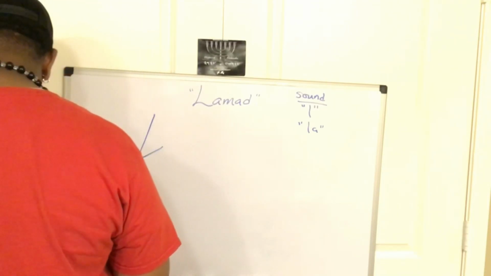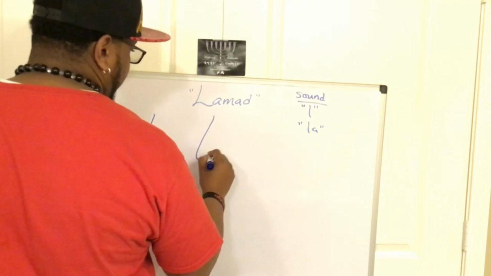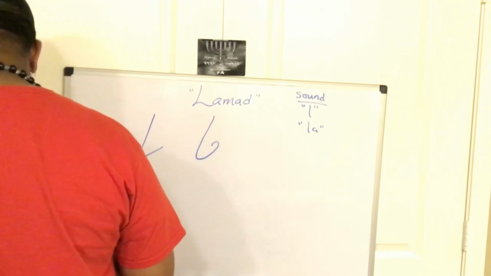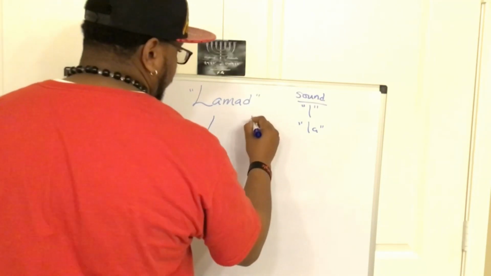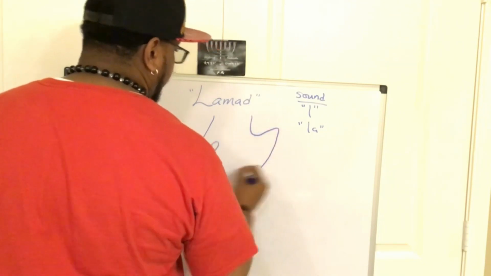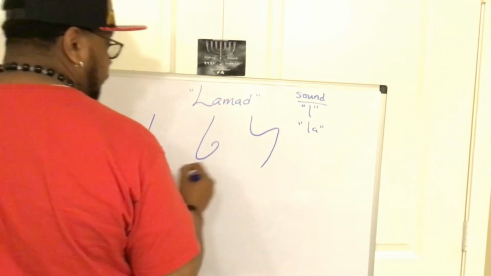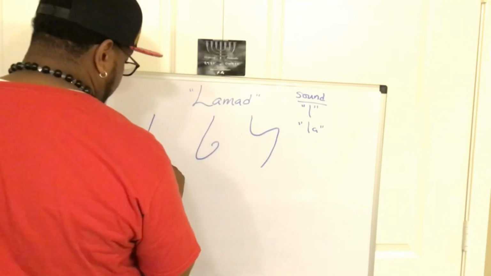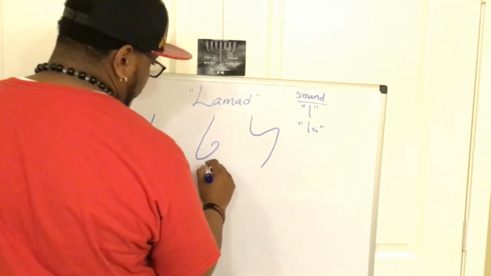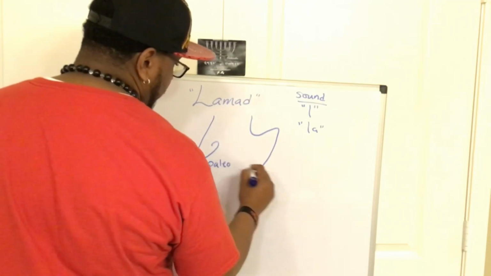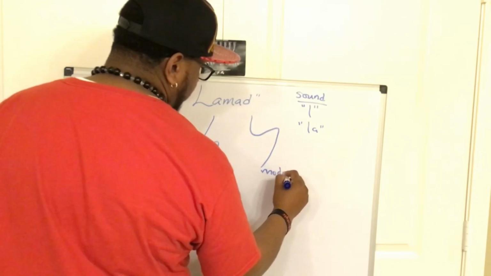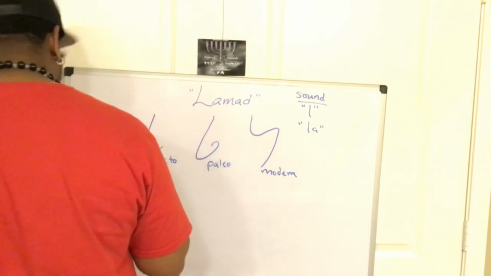Picto, Paleo, modern. Picto, Paleo, modern. That's Lamad. Shepherd's staff.